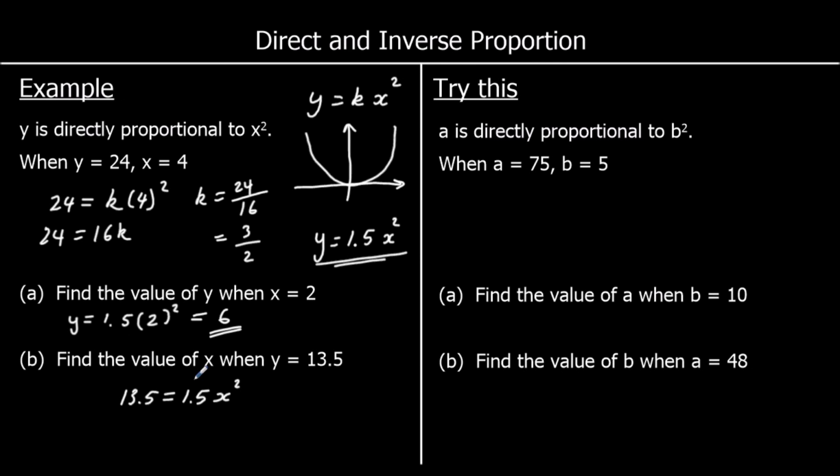That's 9. So 9 equals x squared. And we square root both sides. So x can be plus or minus 3. So it should say values really in the question. So x could be plus 3 or minus 3.